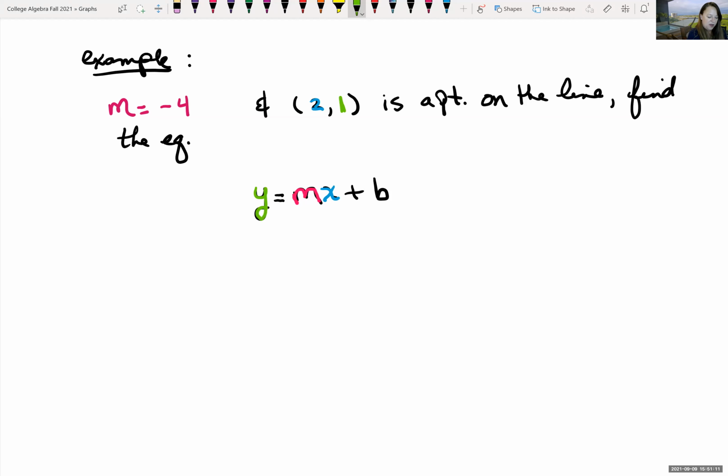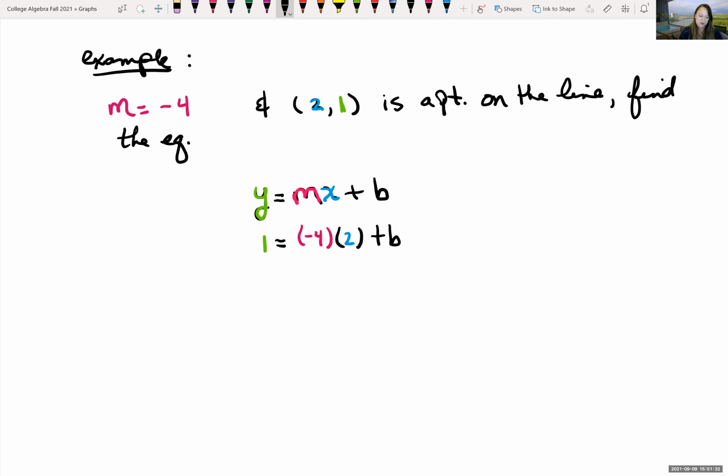I know my y value of my point that was given was 1. This is equal to my slope, which we were given, which is -4, times my x value of the point, which was 2, plus b.